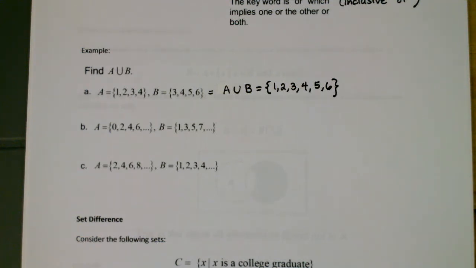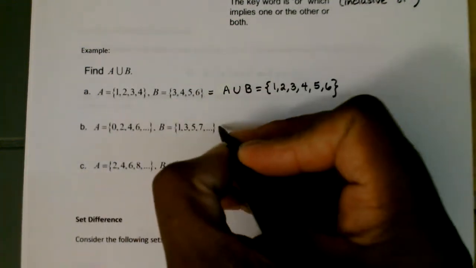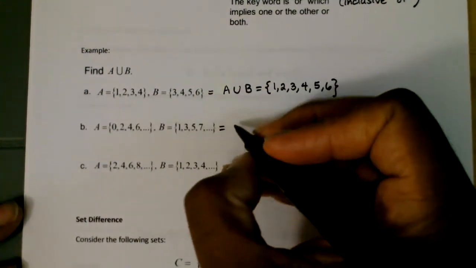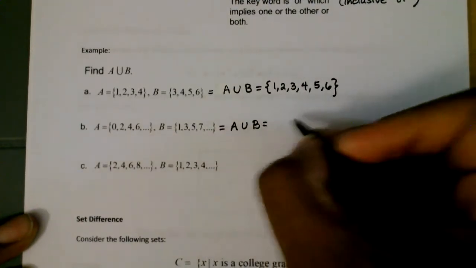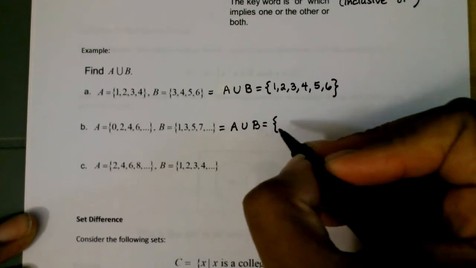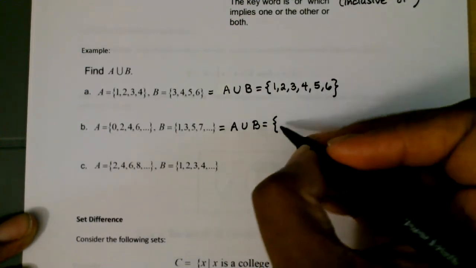Part B, let's say I have A with the elements 0, 2, 4, 6, and so on, and B with the elements 1, 3, 5, 7, and so on. So if I find the union of A and B, I just put those two together in numerical order and only once.